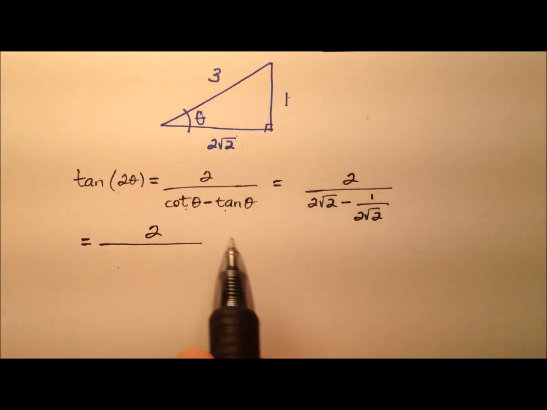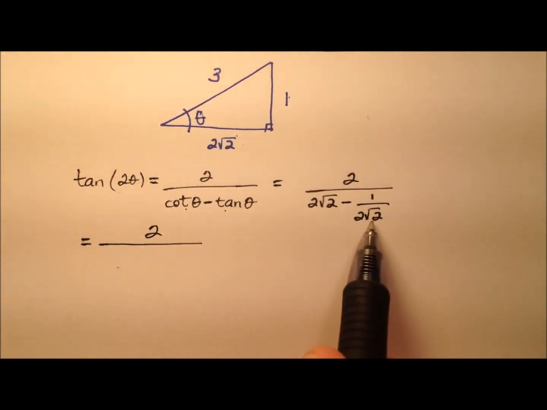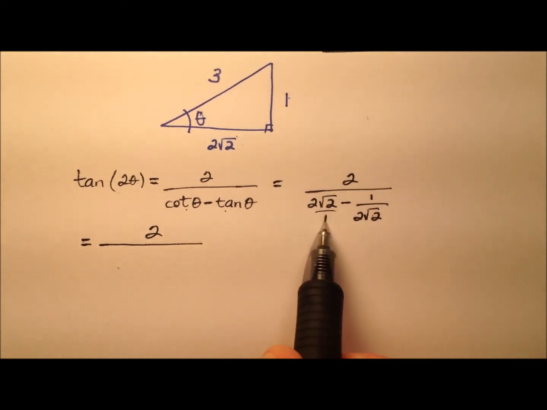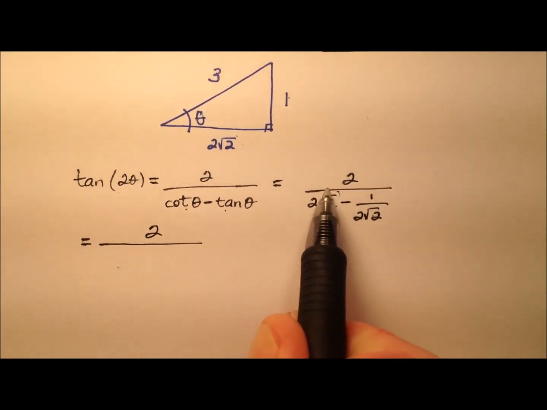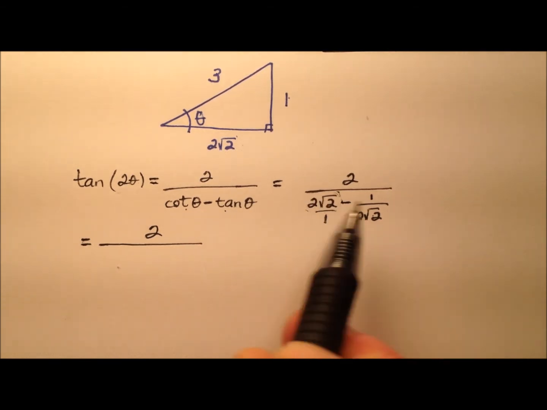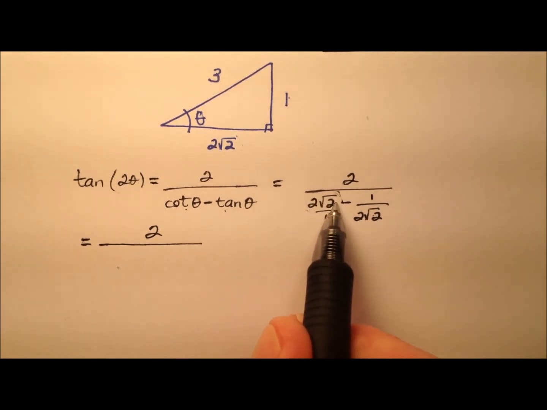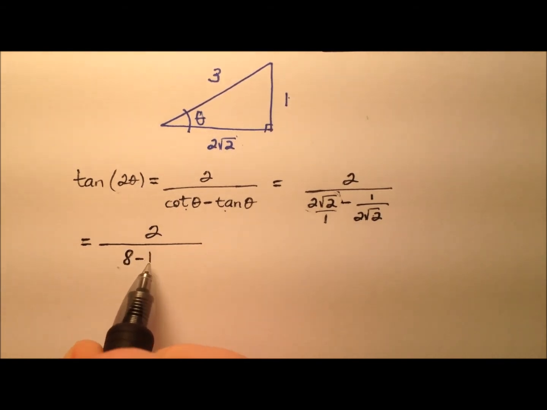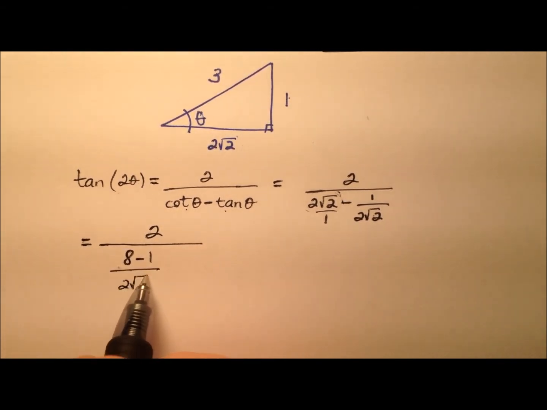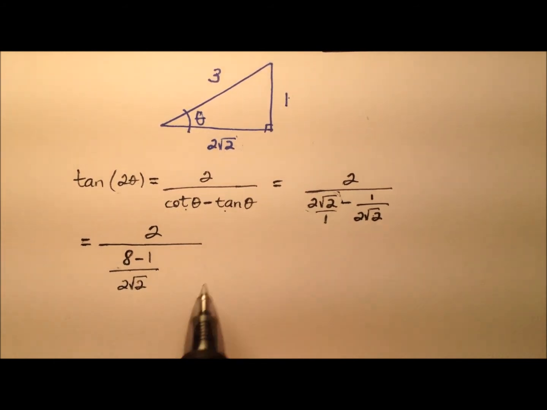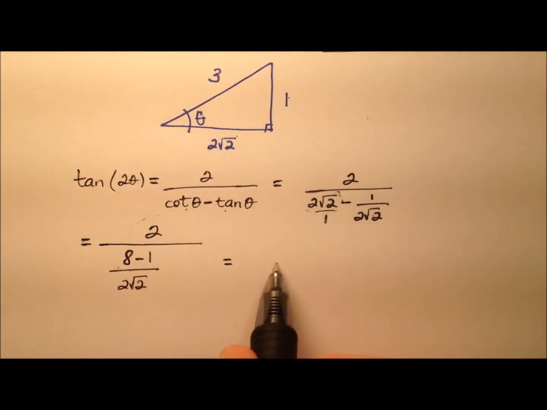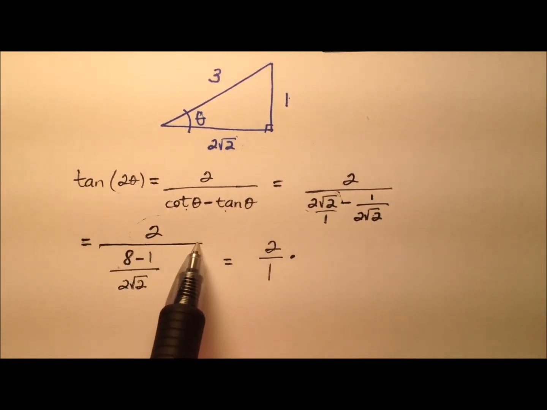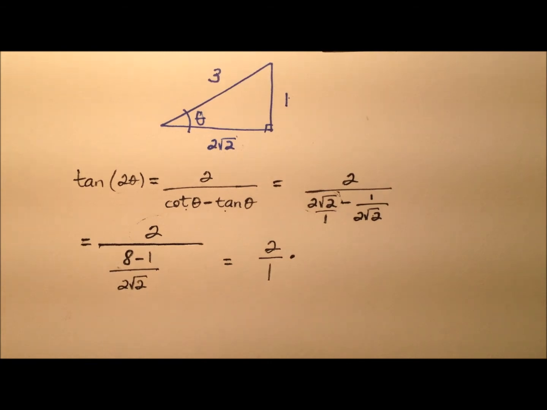So 2 over, let's go ahead and get common denominators, and it looks like the common denominator is going to be 2 radical 2. So when I do that, I'm going to be multiplying this by 2 radical 2. And so 2 radical 2 times 2 radical 2 will be 8. So 8 minus 1 over that common denominator of 2 radical 2. Well, this numerator is really a 2 over 1. So this fraction here concerns itself with division, right?